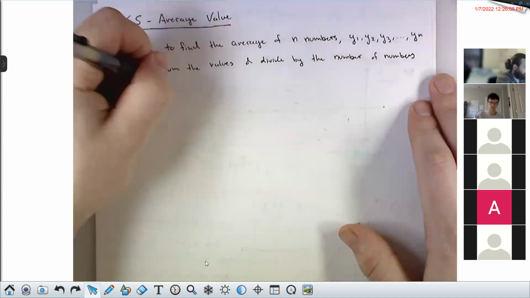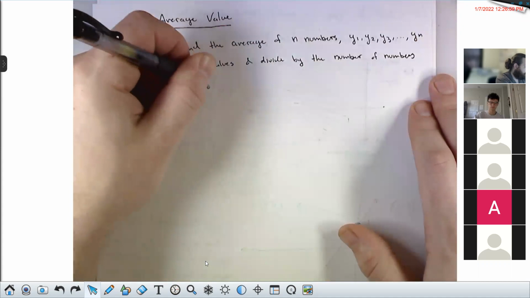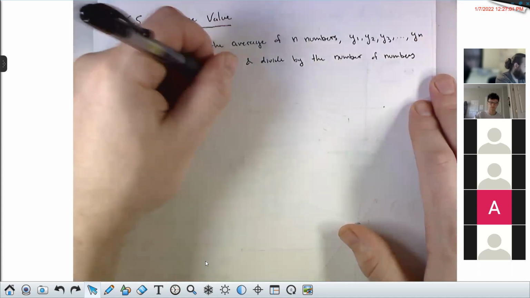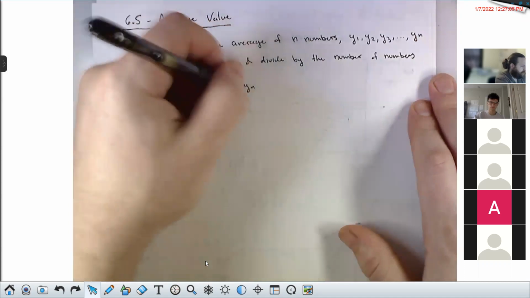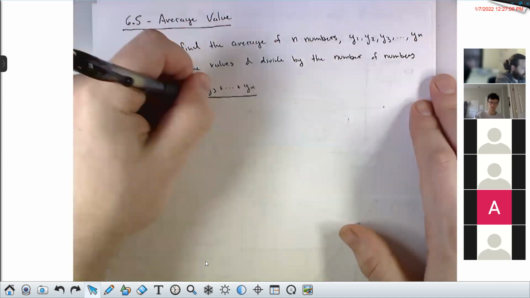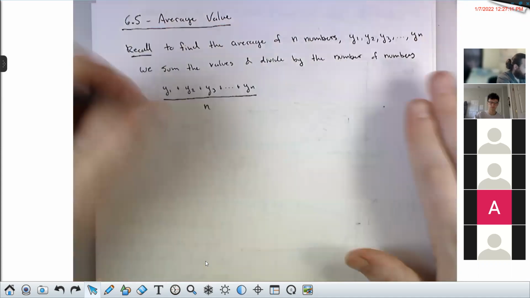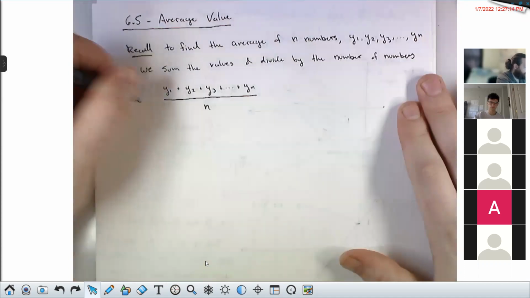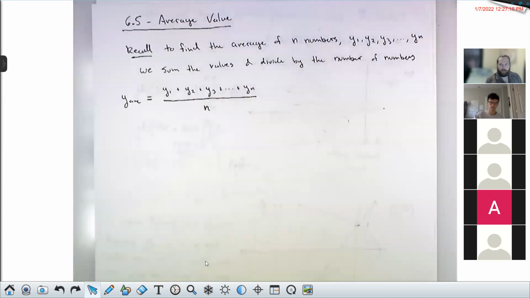So this would be y1 plus y2 plus y3 plus, you add them all up out to yn, and you divide by the number of numbers, which is n. And you could call this the average of all the y's, y-av, like this. This is how you find the average or mean of a set of numbers. You just add them all up and divide by the number of things.